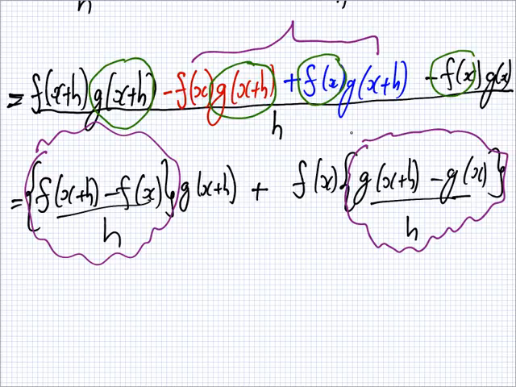And not gx. No, nobody knows what this is when h goes to 0. Should look familiar. Yeah, what is it? Go on, I thought I heard you say it.